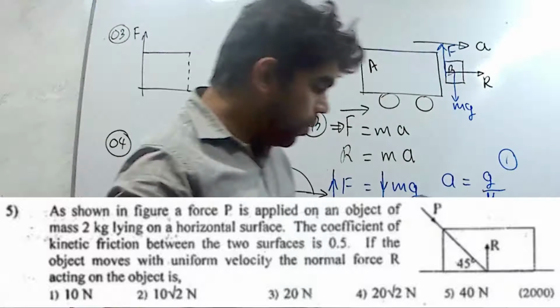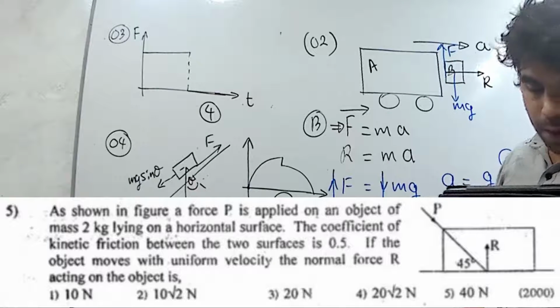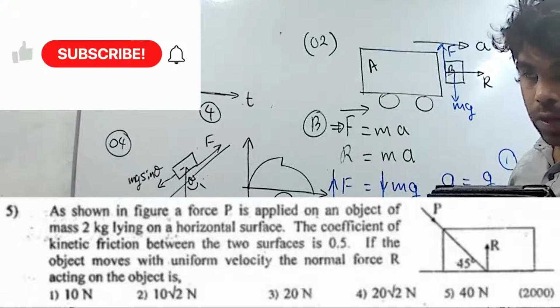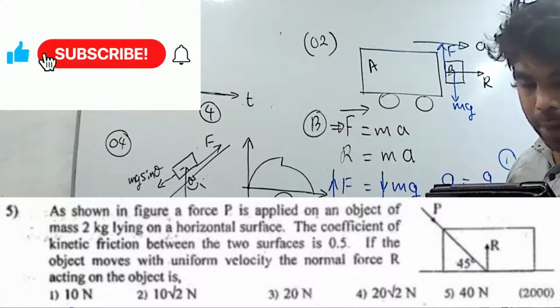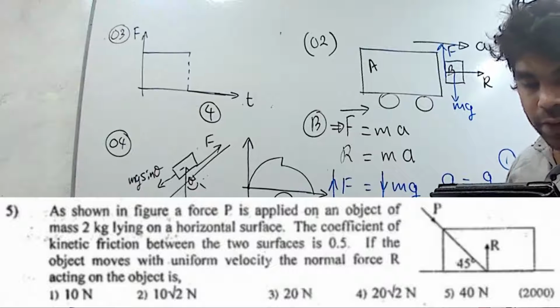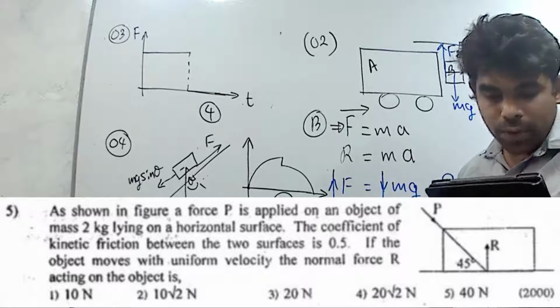Question number 5. As shown in figure A, force P is applied on an object of mass 2 kg lying on the horizontal surface. The coefficient of kinetic friction between the two surfaces is 0.5.